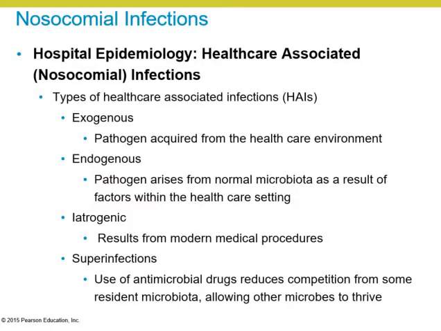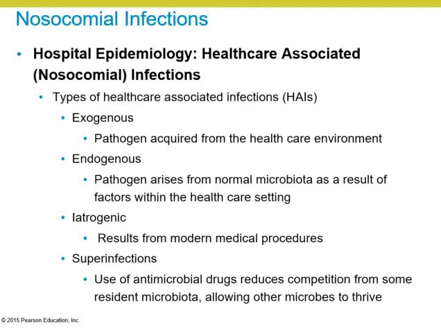When most people think of HAIs, what likely comes to mind are exogenous HAIs, which are caused by pathogens acquired from the healthcare environment. After all, hospitals are filled with sick people, shedding pathogens from every type of portal of entry.